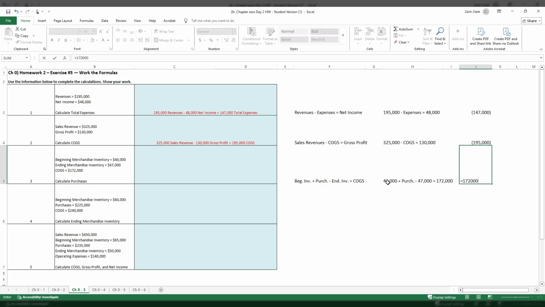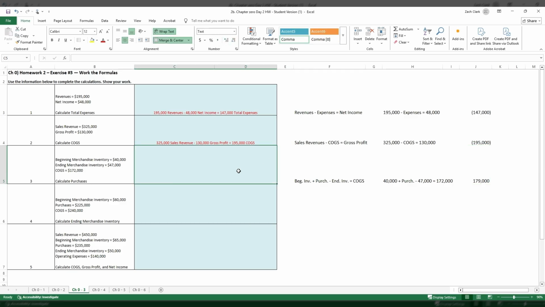First we subtract 40,000 from both sides, and then we add 47,000 to get rid of the negative 47,000 on that side. This isolates purchases, and it comes out to 179,000.